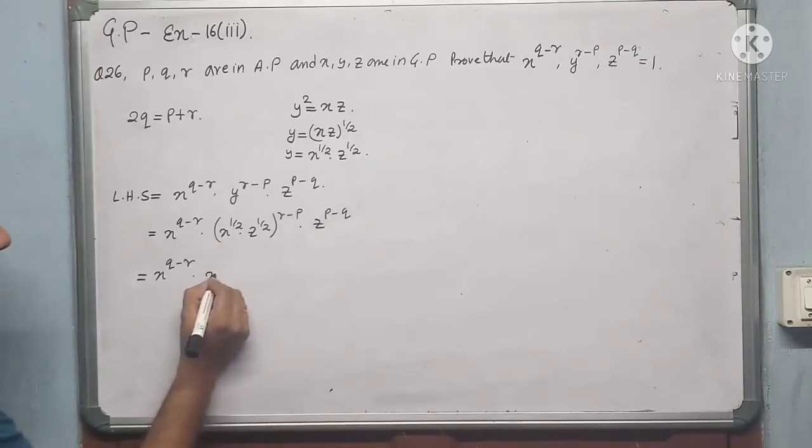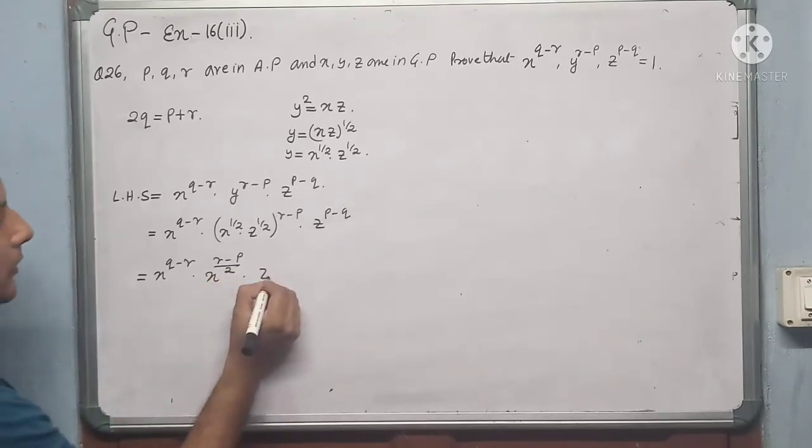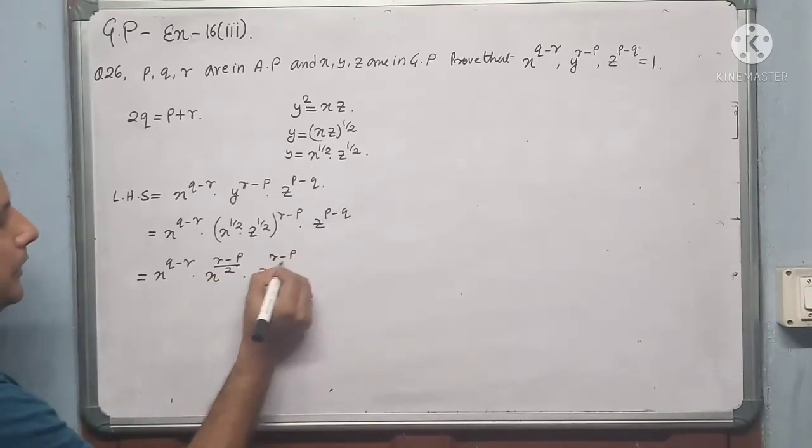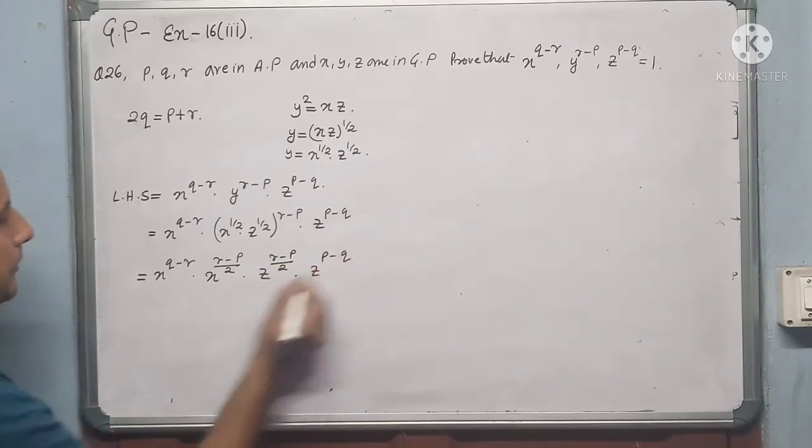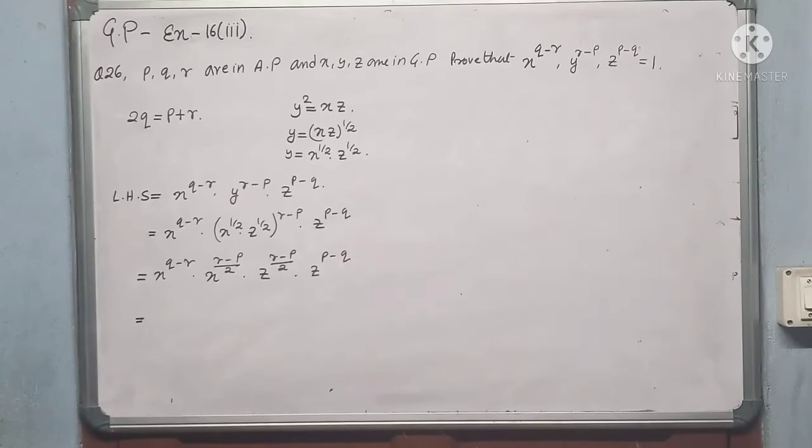Now we can multiply 1 into R minus P, that is R minus P divided by 2, into Z to the power R minus P divided by 2, is equal to Z to the power P minus Q. Now the bases are the same, X and Z.